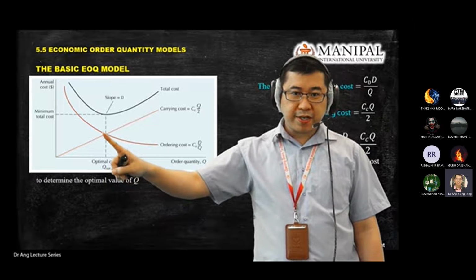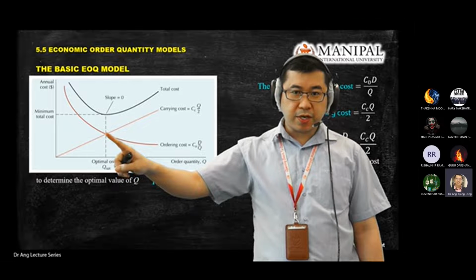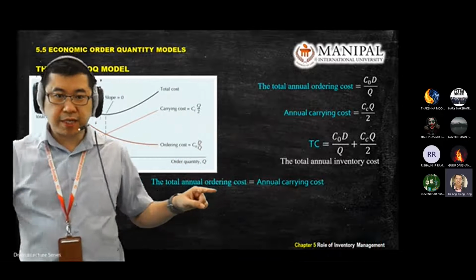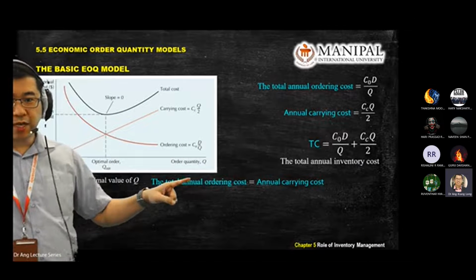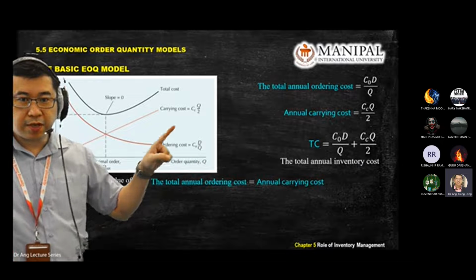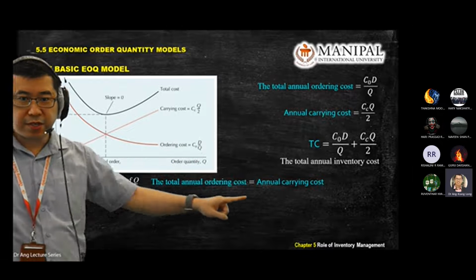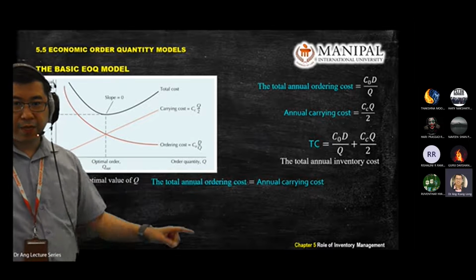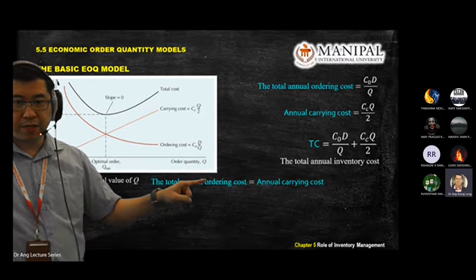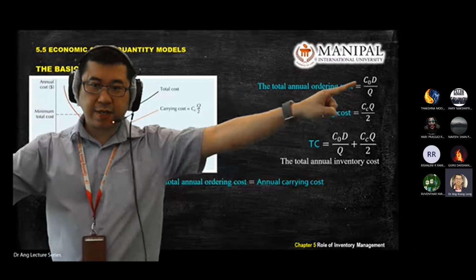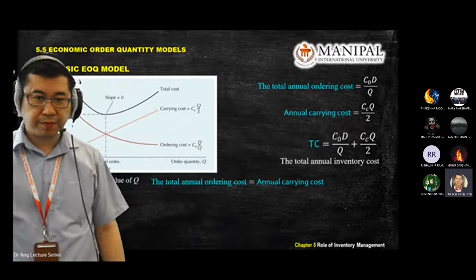This point here, you equate the two costs together. Okay, this is just a mathematics equation. You take the total annual ordering cost plus this one in your equation. What is the calculation for order cost and carrying cost? This one equal to this one.